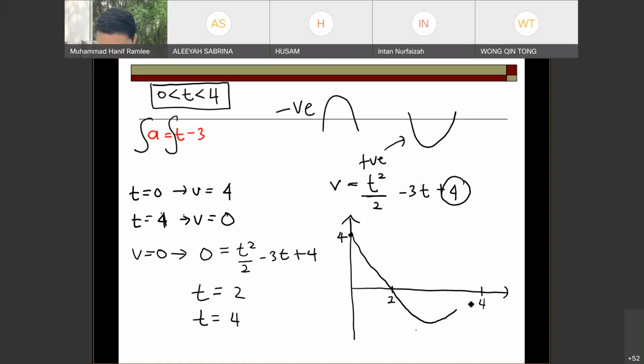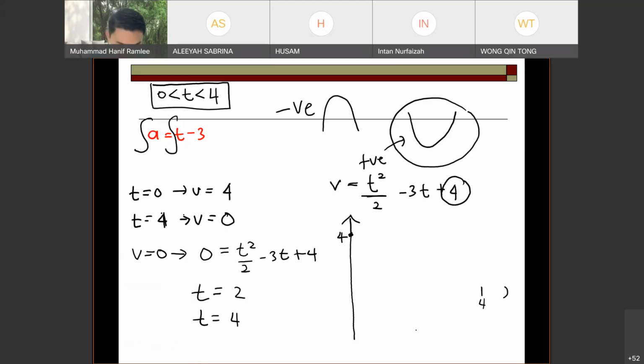More or less. Should be this shape. More or less. If you want to draw nicely, you have to do it properly. Let me try to draw very precisely. Okay, let me try to draw. I think we should do like this.